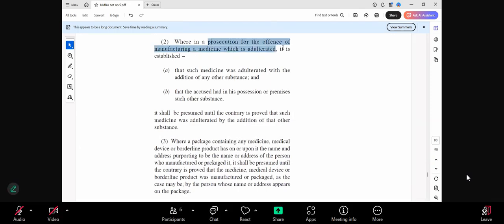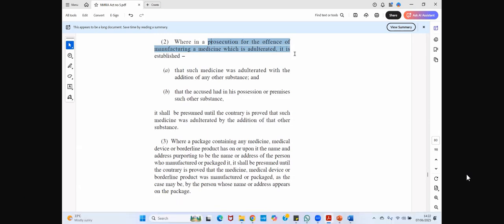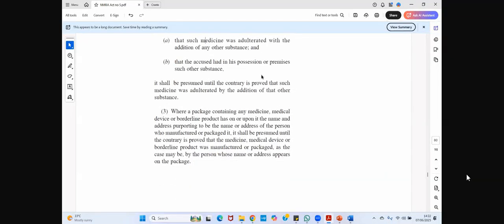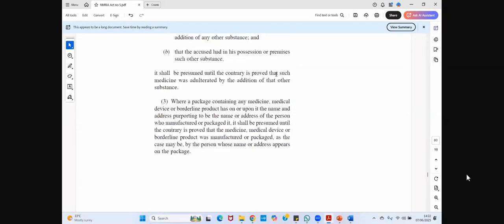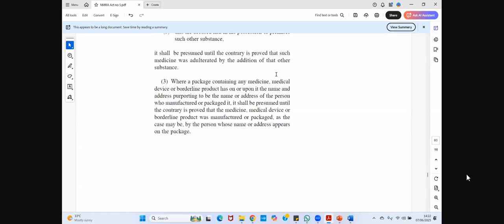So, if in a prosecution for the offense of manufacturing a medicine, it is established that such medicine was adulterated with the addition of any other substance that the accused had in his possession or premises, it shall be presumed, until the contrary is proved, that such medicine was adulterated by the addition of that other substance.